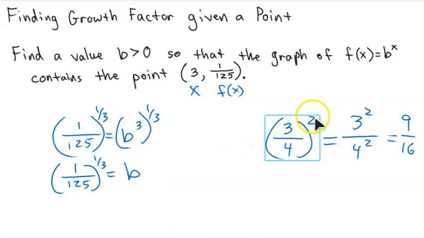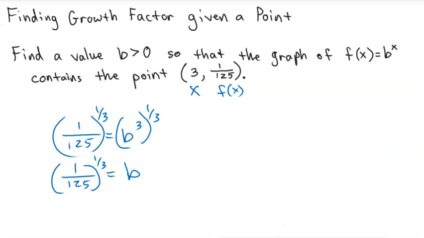So we take an exponent and we distribute it onto the numerator, and we distribute it onto the denominator, okay? So that's what we're going to do right now, and we're going to see a couple of other interesting properties of exponents here. So if I distribute this 1/3 to the 1 and then to the 125, here's what I get. I get 1 to the 1/3 power over 125 to the 1/3 power, and that's equal to b, okay?